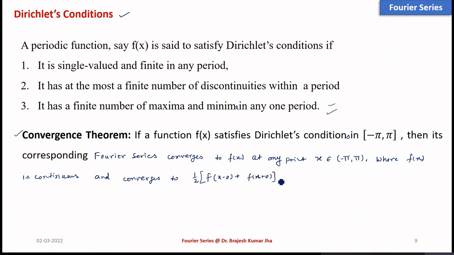So the left and right limits we have taken as an average at a point x that belongs to minus pi to plus pi. So f(x) can have an ordinary discontinuity as well. If there is any type of discontinuity, we can use such a formula as well.